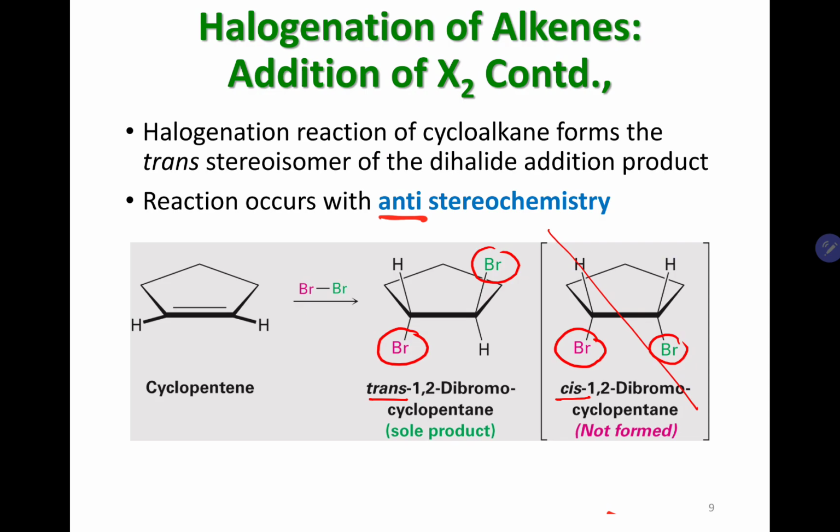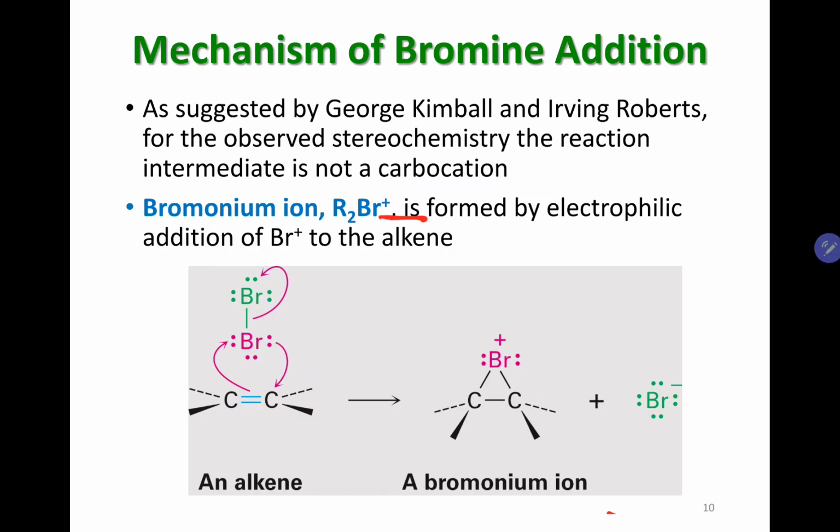In order to understand this phenomenon, we have to worry about the mechanism of halogenation reactions. This mechanism happens through a bromonium ion. If you recall the electrophilic addition reaction of alkenes, it usually happens through a carbocation, but halogenation happens through a bromonium ion.